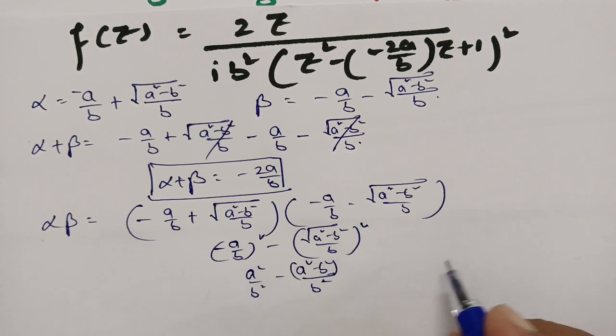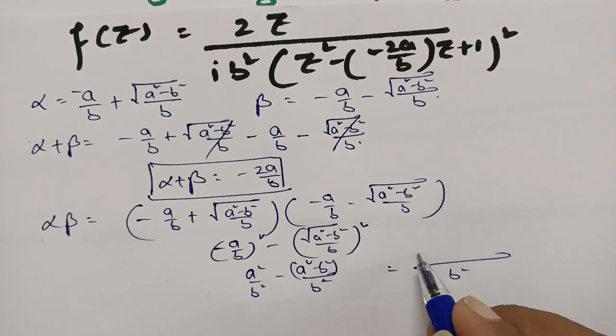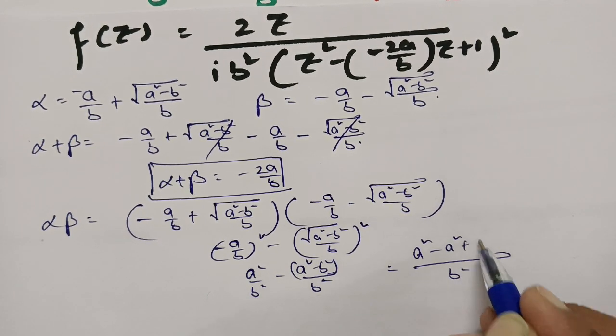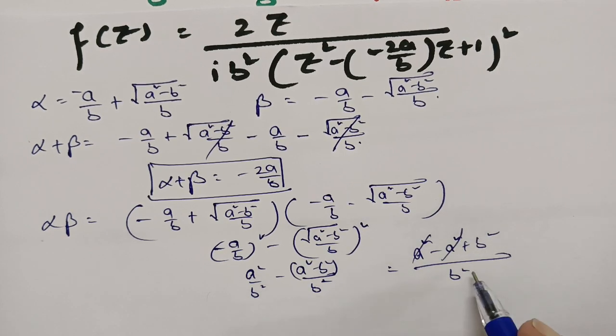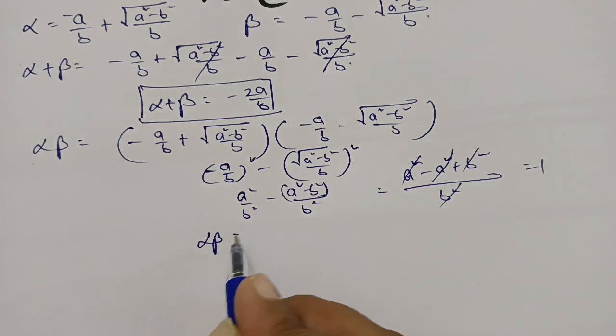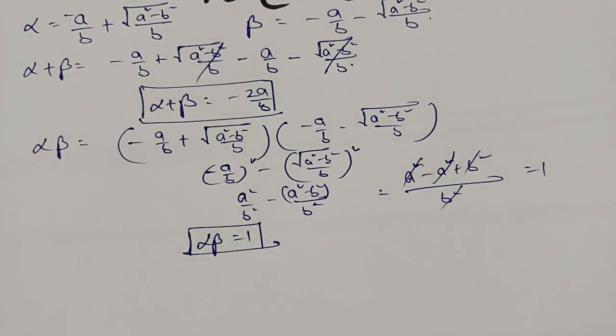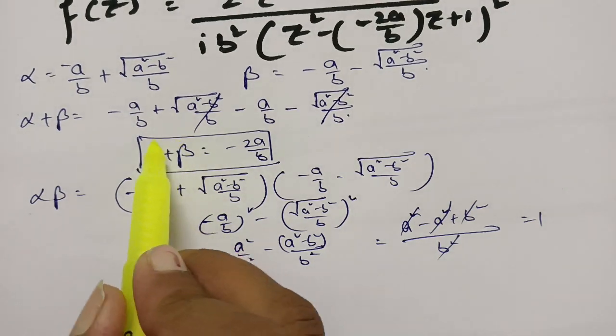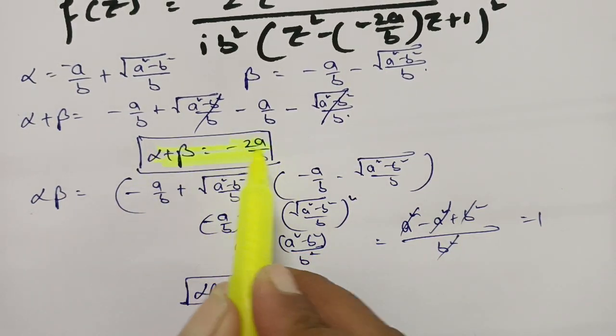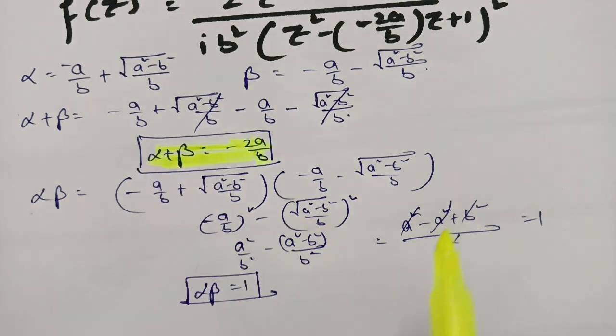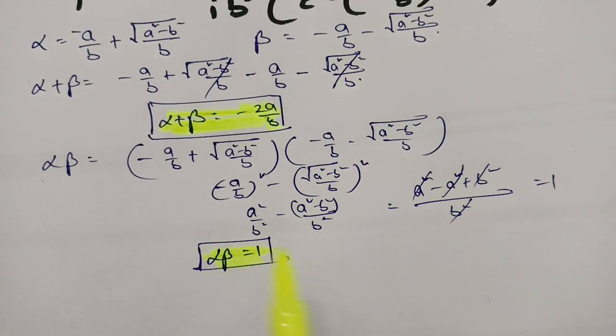Taking b square as LCM, this is a square minus a square plus b square, and after cancelling, alpha beta is equal to 1. So alpha plus beta is minus 2a by b, and alpha beta is equal to 1.